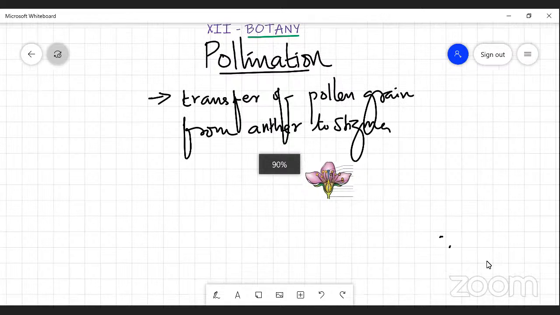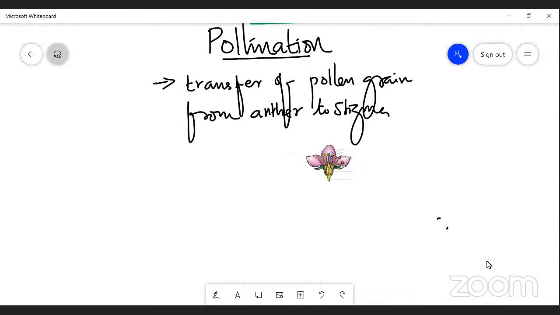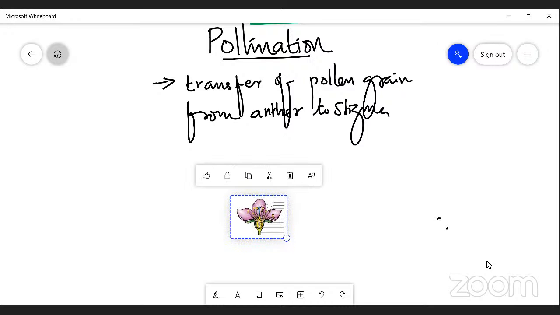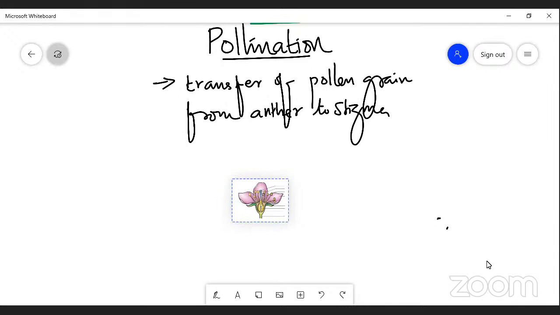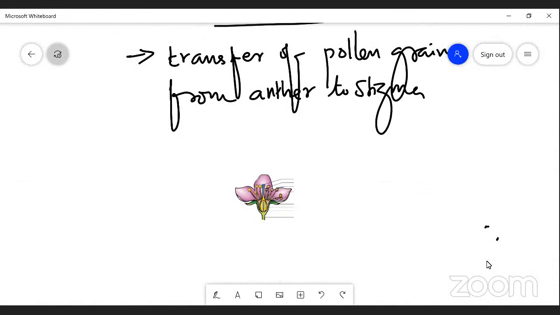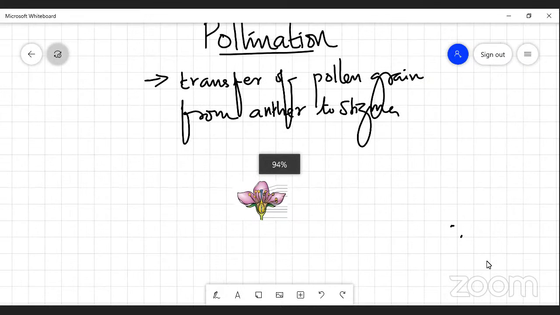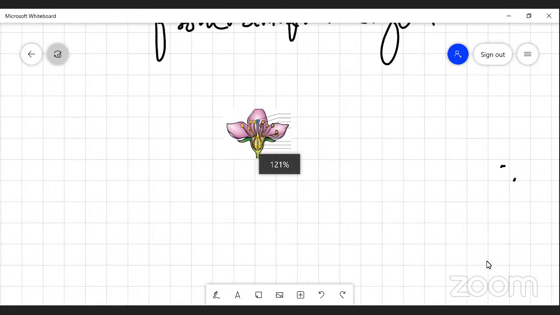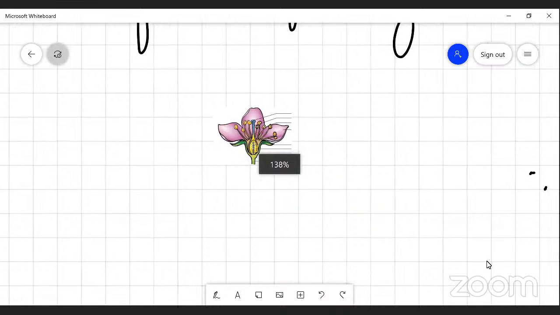As I said, pollination is a process of transfer of pollen grain from anther to stigma, right? You know very well, a flower consists of several parts.